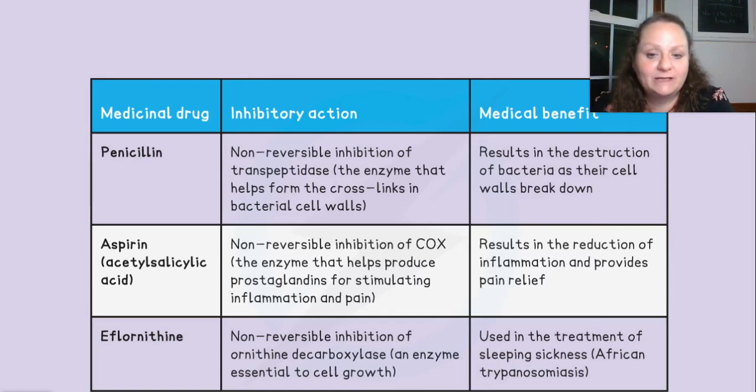It inhibits a specific enzyme from functioning, and this actually helps prevent inflammation and helps prevent pain as long as the acetylsalicylic acid is in the system. Once the acetylsalicylic acid starts to fade, it starts to break down, then that pain and inflammation will start to return. So we actually have lots of different medical benefits that can come with this type of inhibitor.